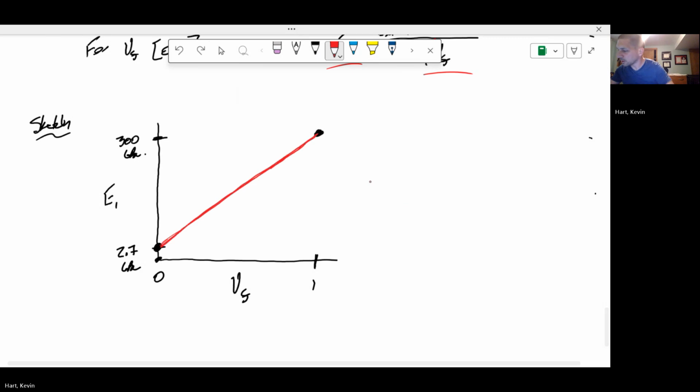So here's part A for rule of mixtures. Part B is going to be more like a scoop. It's going to look something like this.